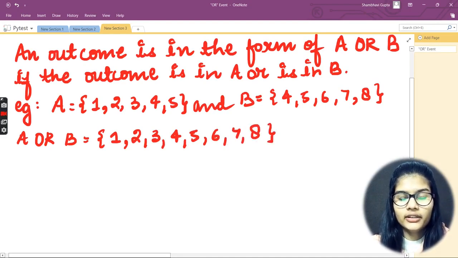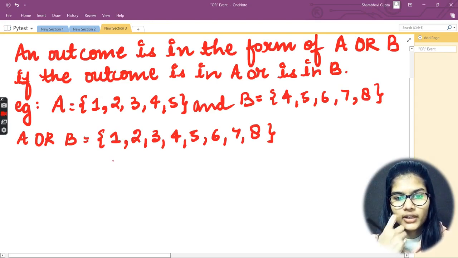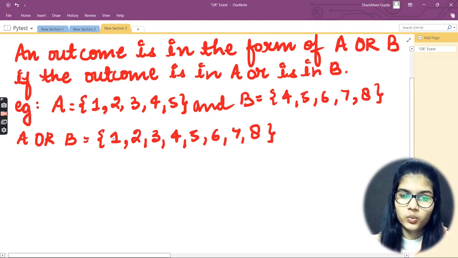Now here 4 and 5 are not listed twice because we are calculating A or B. Within A or B, if you have any repetitive numbers, those repetitive numbers are written only one time. It's not the case that you'll write these numbers 2 times.